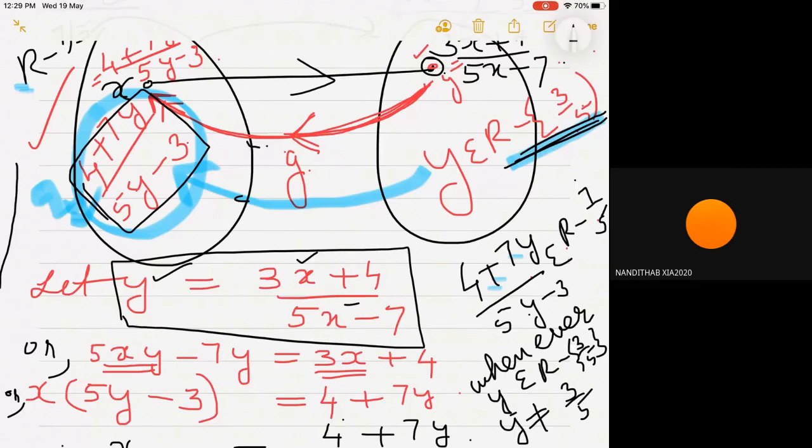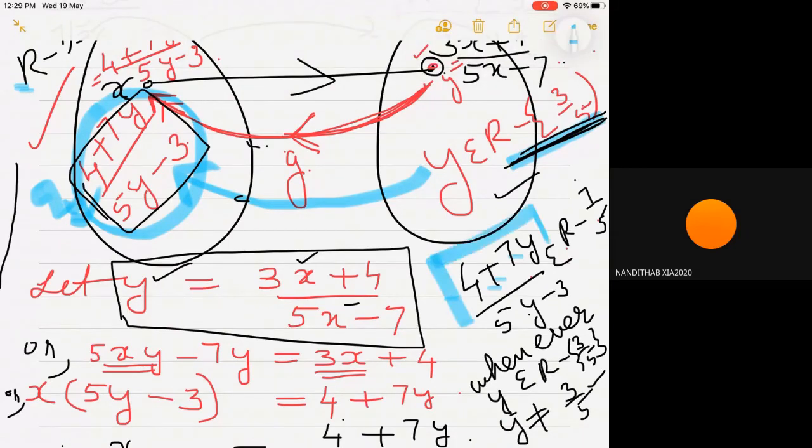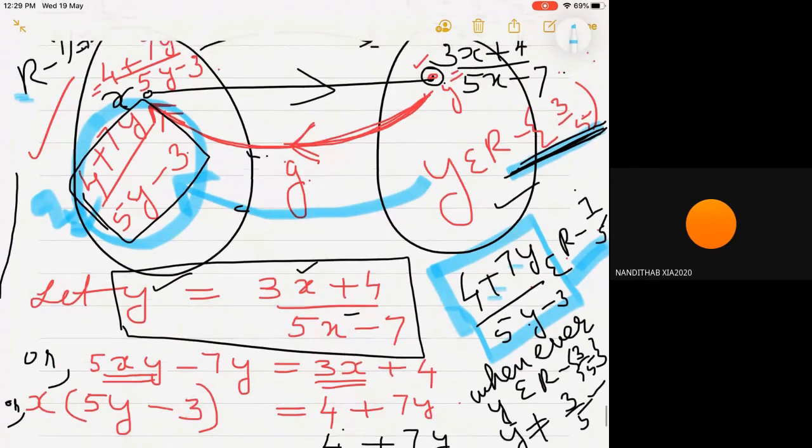Because y is from R minus 3 by 5, 3 by 5 is not a point in this set. So y can never assume 3 by 5. When y is never equal to 3 by 5, then this expression is always a real number, and when it is a real number, definitely it is there in R minus 7 by 5.